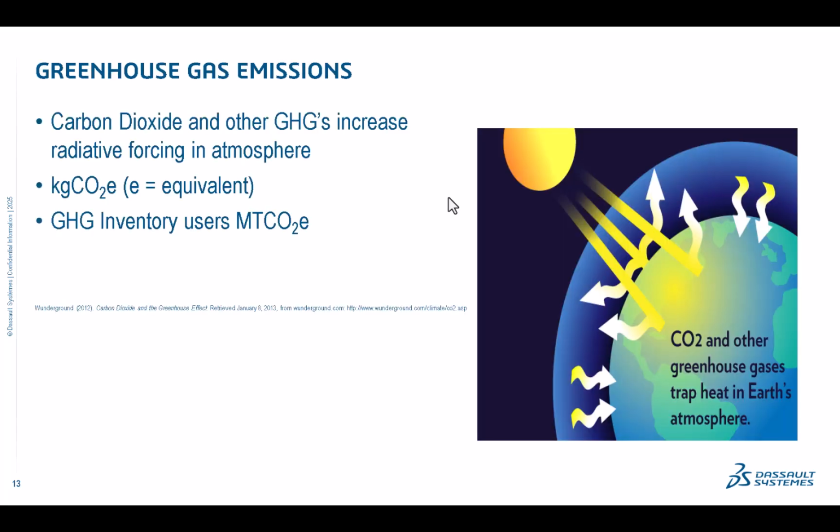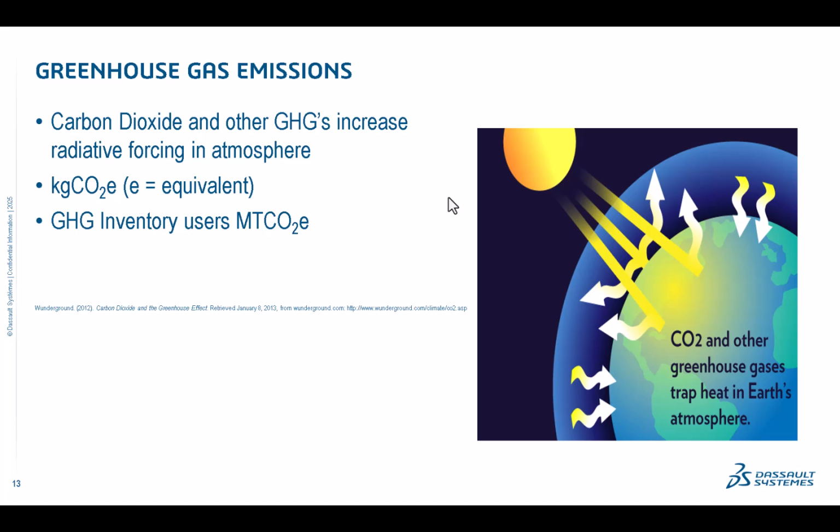The first environmental impact, and you may also hear me refer to these as environmental damage categories or impact categories, is greenhouse gas emissions. Of course, we all understand that an increase in greenhouse gases in the atmosphere increases radiative forcing, which traps heat in the atmosphere. The unit for greenhouse gas emissions when it comes to life cycle assessment is often kilograms of carbon dioxide equivalent.